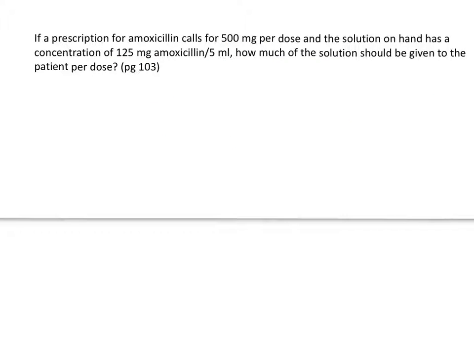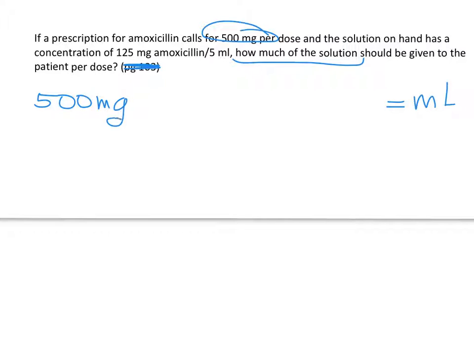Okay, this is also a word problem for conversion. A prescription for amoxicillin calls for 500 milligrams per dose, and the solution on hand has a concentration of 125 milligrams per 5 milliliters. How much of the solution should be given to the patient per dose? Sorry, you can ignore this page number. And again, we have that how much of the solution. So what we're looking for is a liquid measure of milliliters. We are told that we've got to have 500 milligrams in the dose, so that's what we start off with.